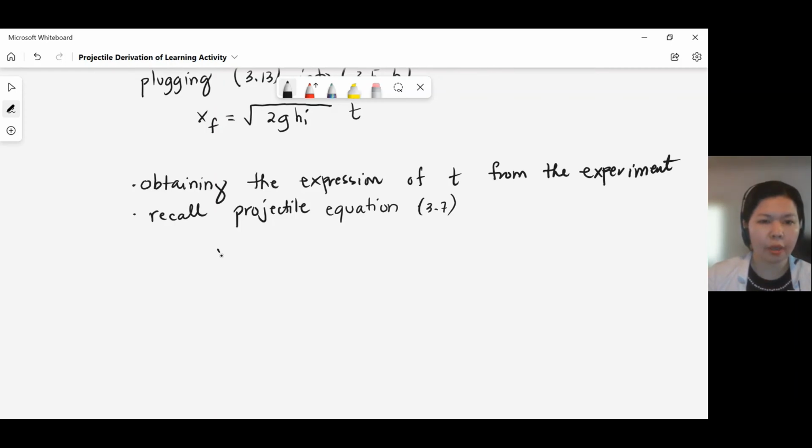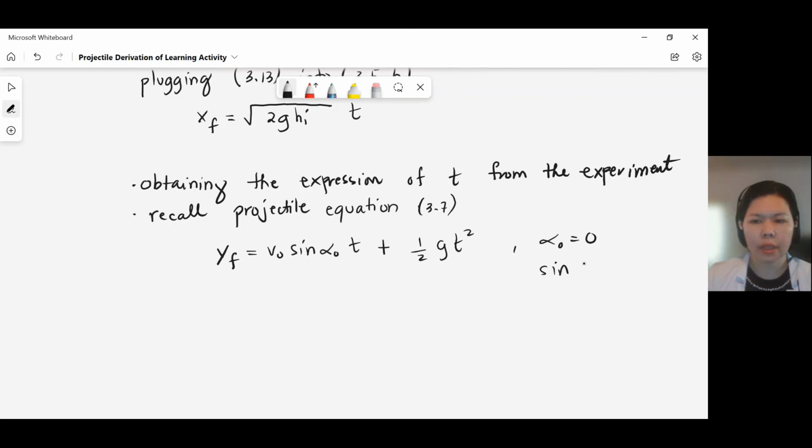We have YF is equal to v naught sine alpha naught t plus 1/2 g t squared. Now in our setup, alpha naught equals 0 and sine 0 is equal to 0. So our first term drops and we are left with the second term. YF equals 1/2 g t squared.